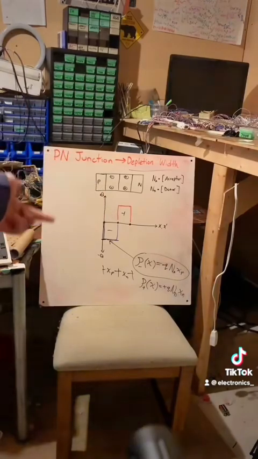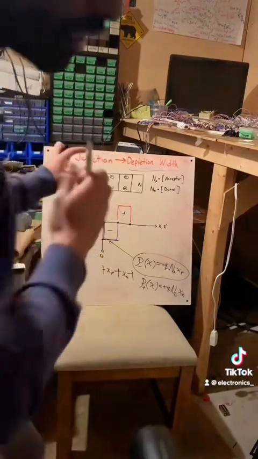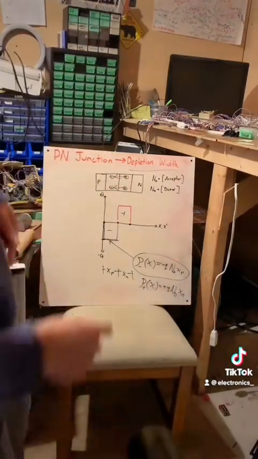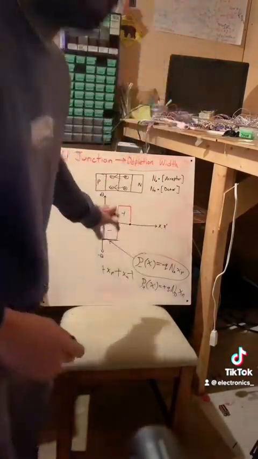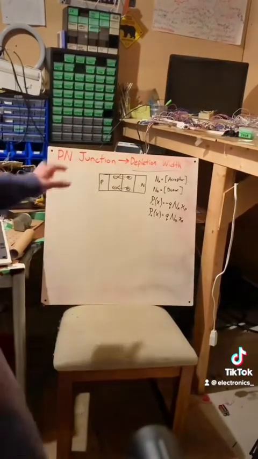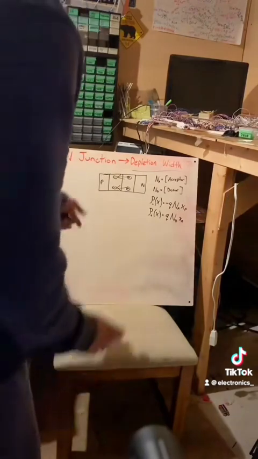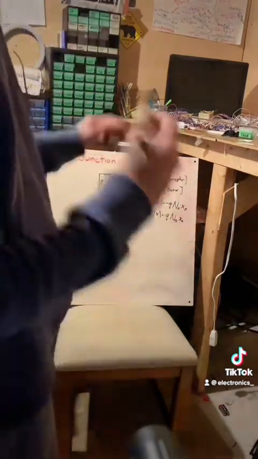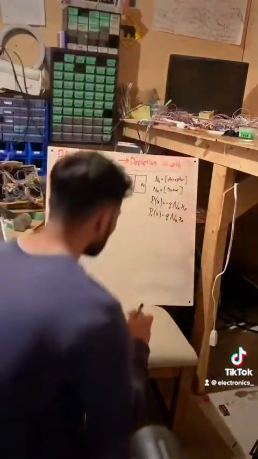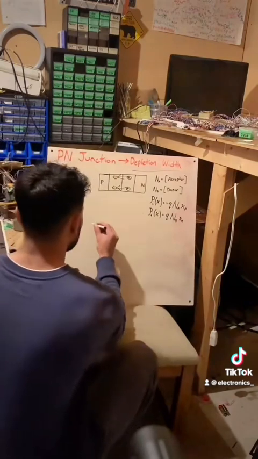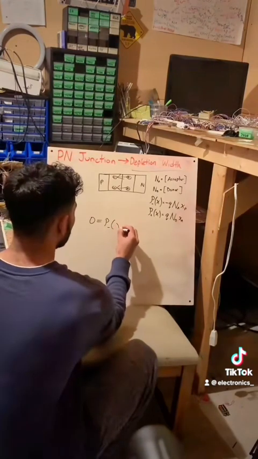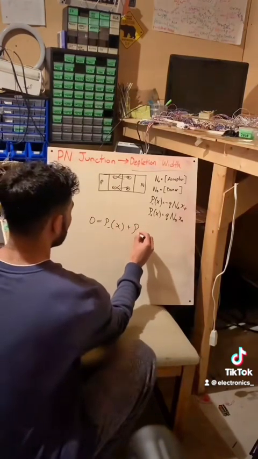Now we can do some integration, get the voltage, find the built-in voltage from the electric fields within this PN junction, and then find our xn and xp by solving a system of equations. Before we find our built-in voltage, it's important to say this PN junction is right now net neutral. The net charge of this entire block is neutral. So we can say 0 is equal to our negative charge density plus our positive charge density.